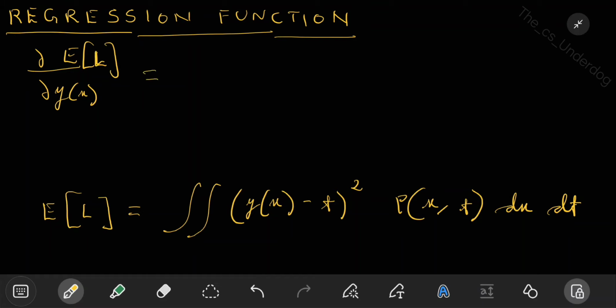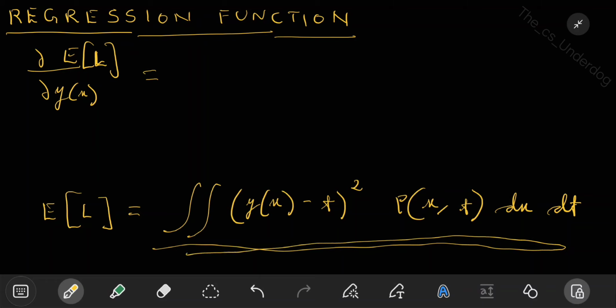So when you do this with respect to y of x, if you take the derivative of this, what will happen? There is a double integral and this dx term that should go off because you are taking the derivative with respect to y of x. And what will happen to this term? If you take the derivative of x square, it will become 2x. So similarly, if you take the derivative of this, what will it become? 2 times y of x minus t, right?